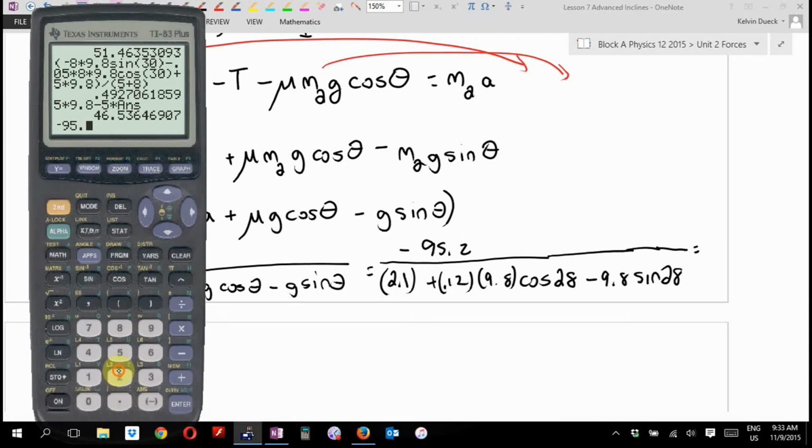Negative 95.2 over 2.1 plus 0.12 times 9.8 times cos 28, take away 9.8 times sine 28. Close off the bottom.